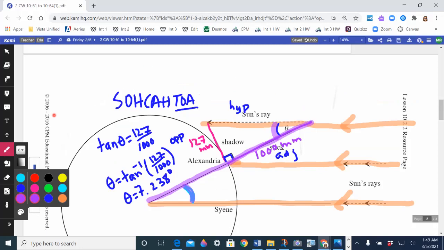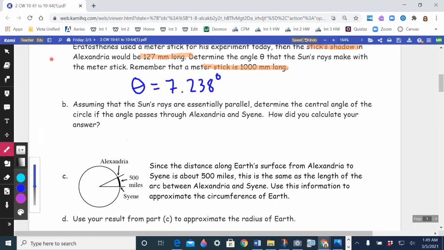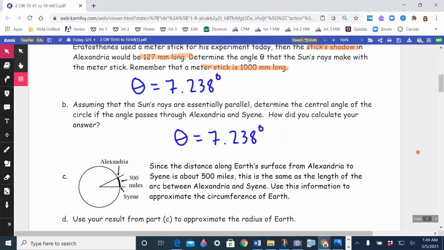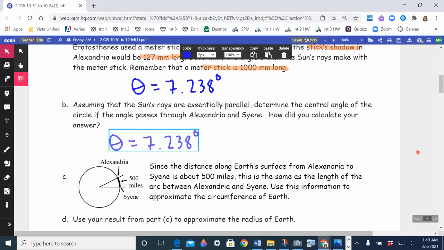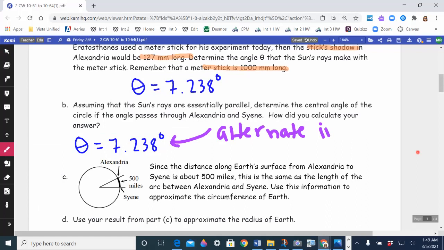When they ask what that angle is, it is going to be the same as this. And when they ask how we calculated that, it's because with parallel lines cut by a transversal, we had alternate interior angles.